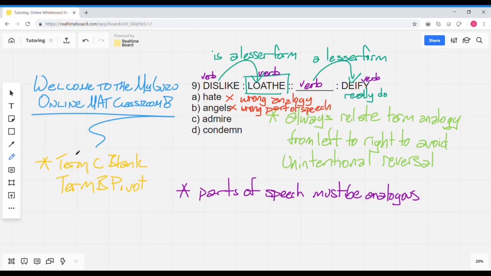Now, the last thing you have to do, and in this case we probably get it down to a good 50-50, is determine whether you think deify is going to be a really extreme version of admire or condemn.